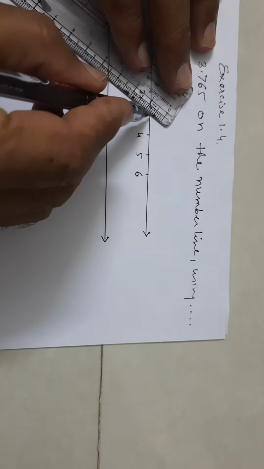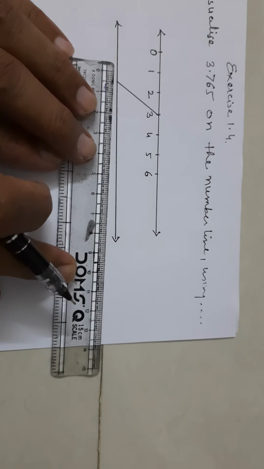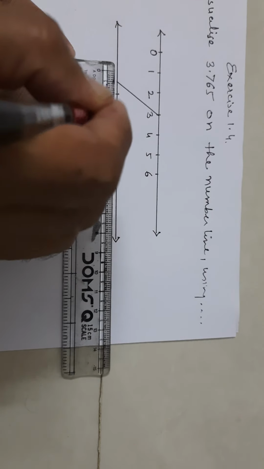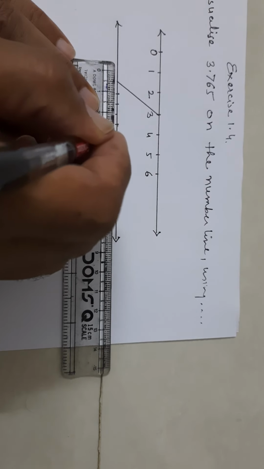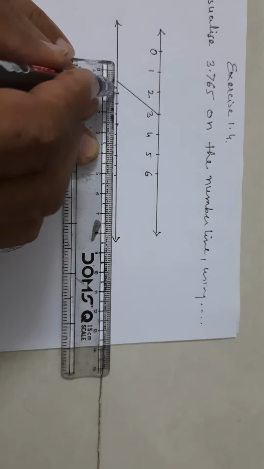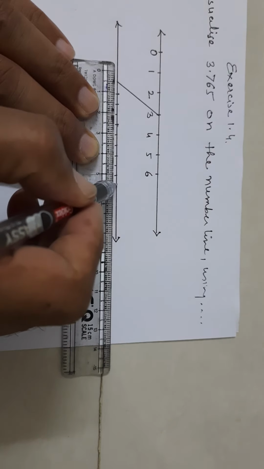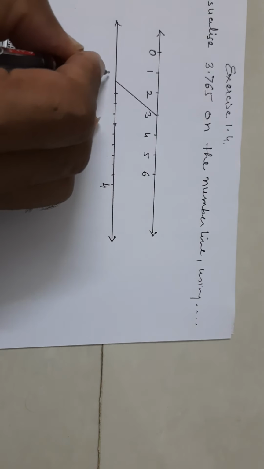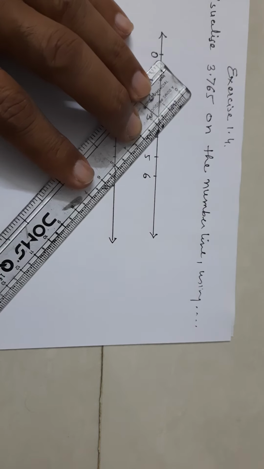So 3 I take here. 4 I take after taking 10 different sections, because it is to be divided into 10 parts. This is the decimal system, so 10 equal parts. 1, 2, 3, 4, 5, 6, 7, 8, 9 and 10. This is 4 and this is 3.